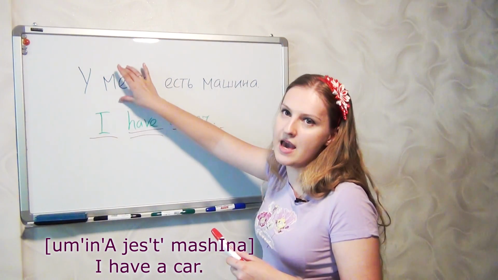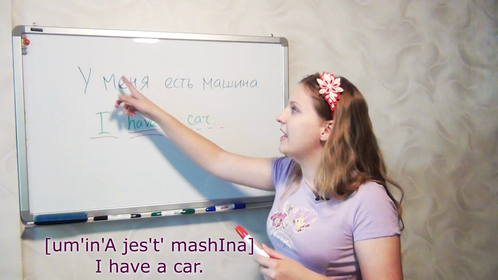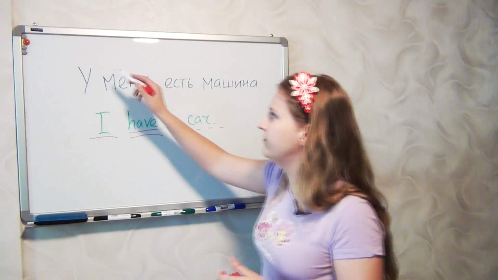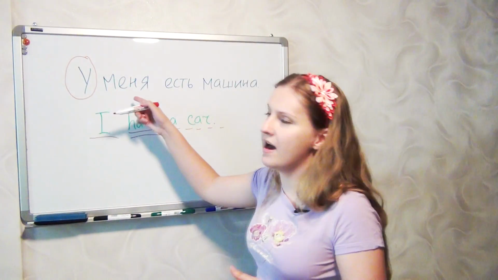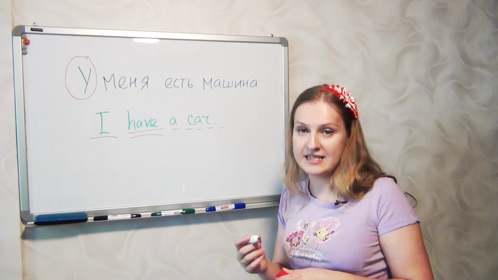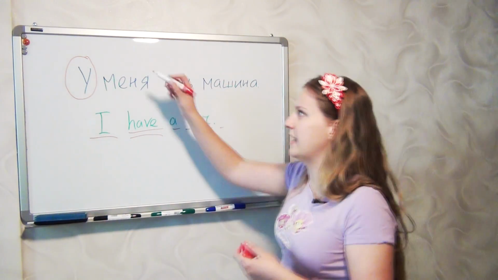As you can see, before the pronoun меня, which means I, we have a preposition у меня. So that's why меня, I, cannot be used in a nominative case. In this situation, we are supposed to use genitive case.